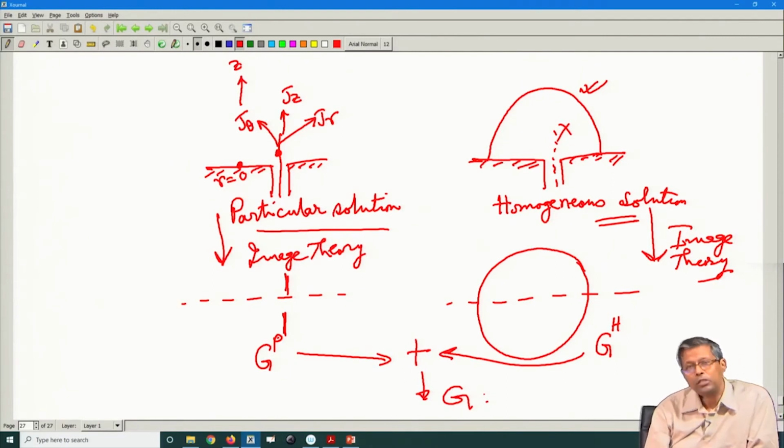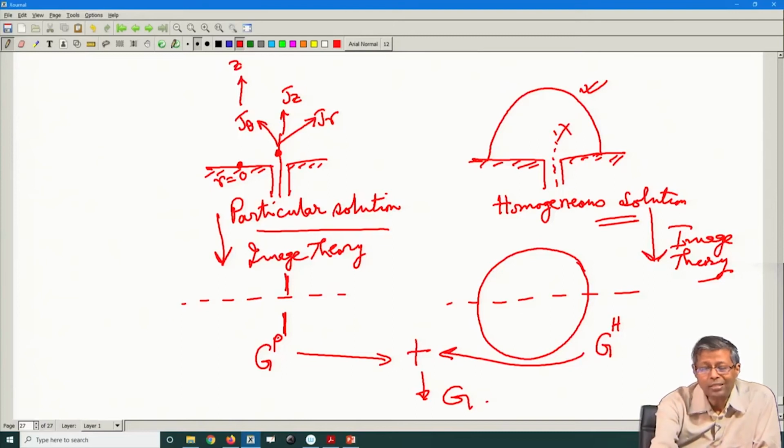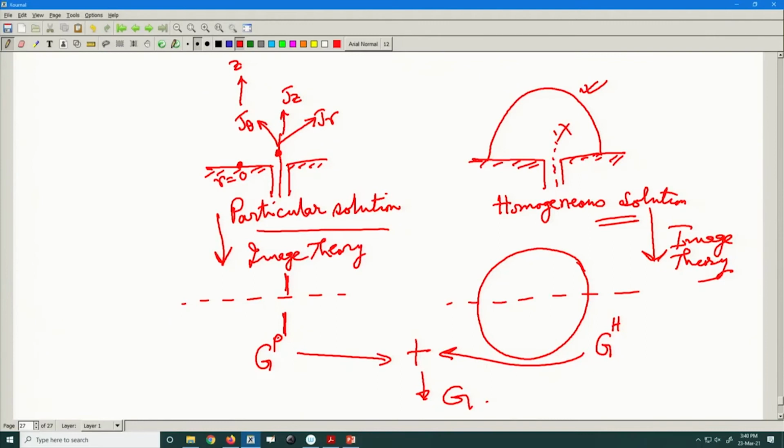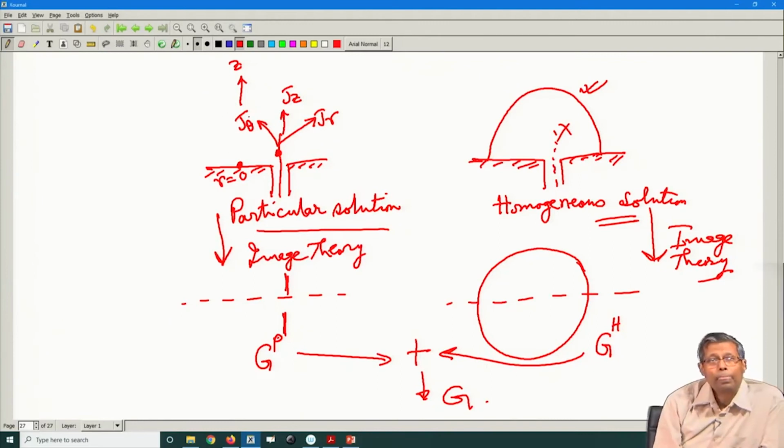How does it happen? We will again discuss it in more detail, but now roughly, the basic thing is to expand the fields: write down the potential functions involving the modes, step 1; write down the fields from the potential functions; match the fields at the discontinuity.